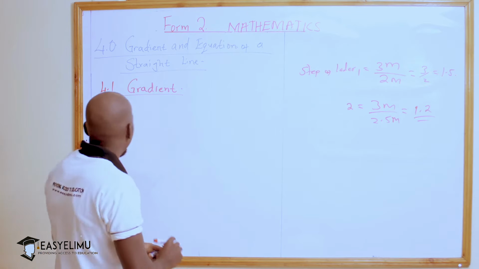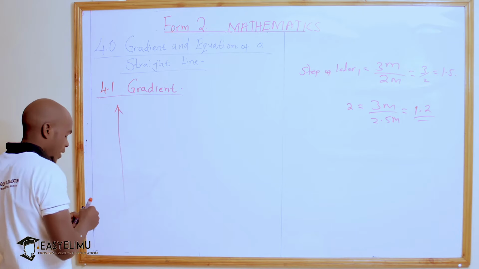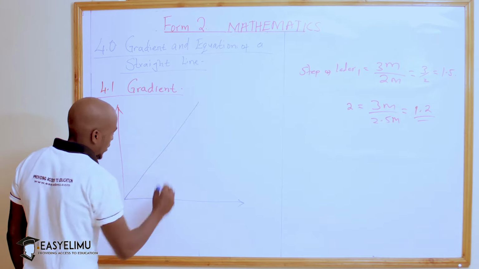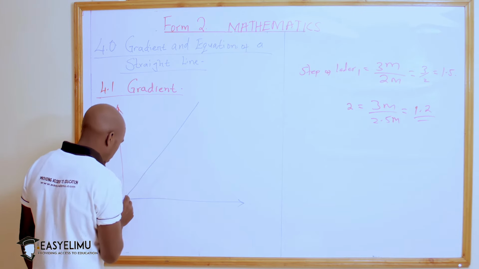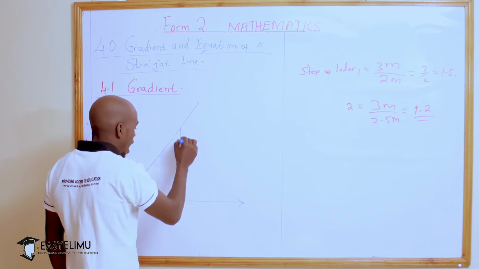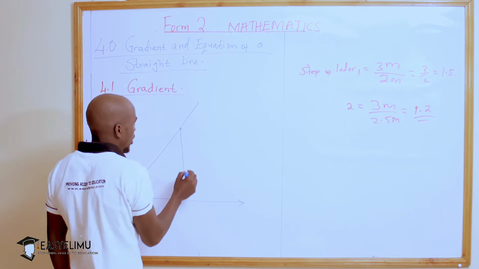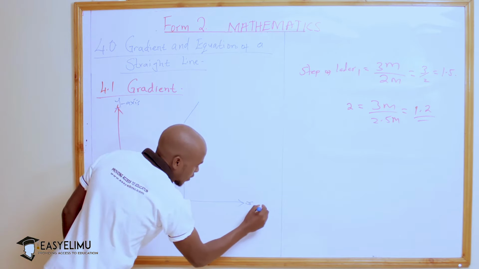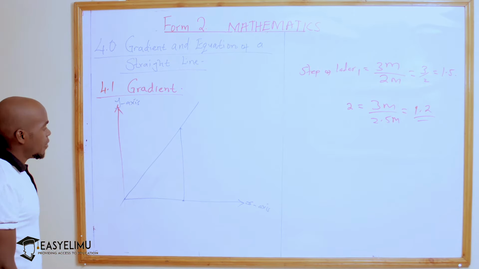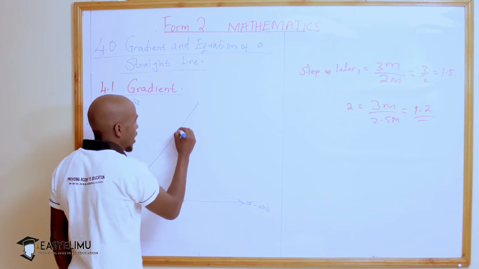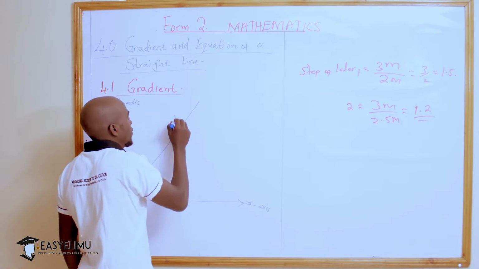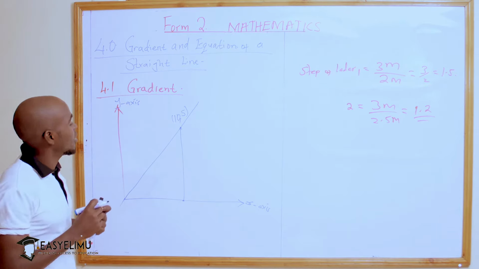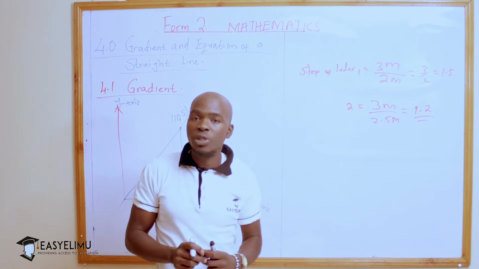For example, we can have a Cartesian plane with a straight line passing through the origin, with the y-axis vertical and the x-axis horizontal, and that line passes through a point, let's say 10, 5. You have been asked to calculate the steepness or the slope of that line.